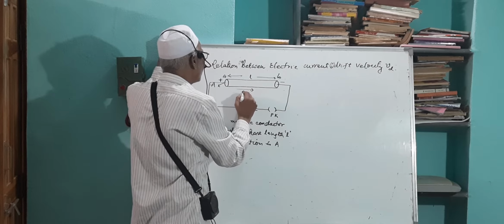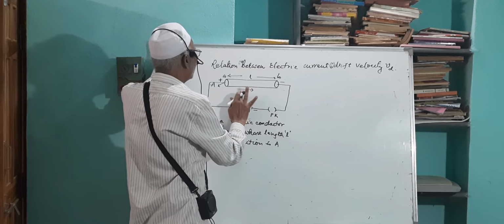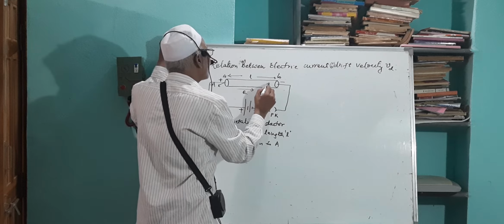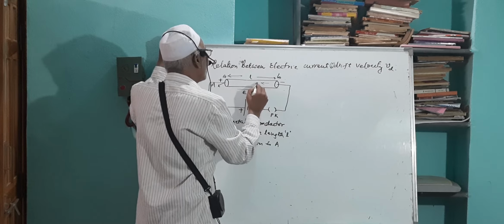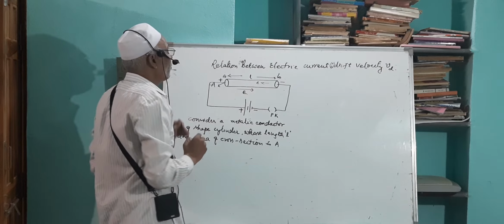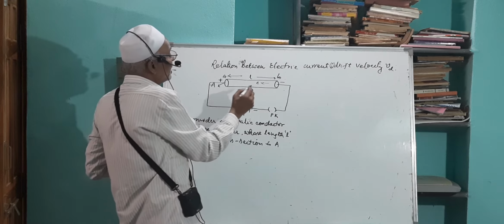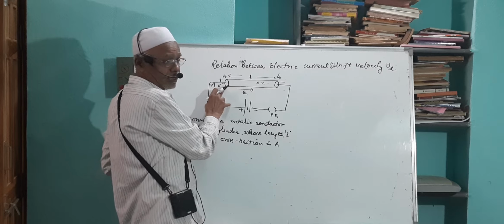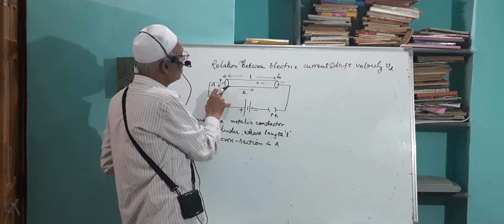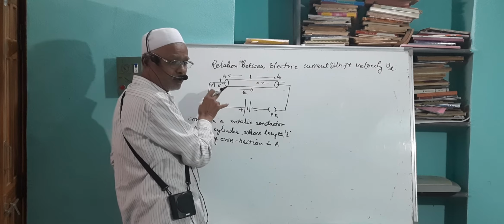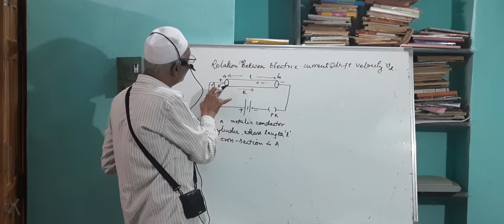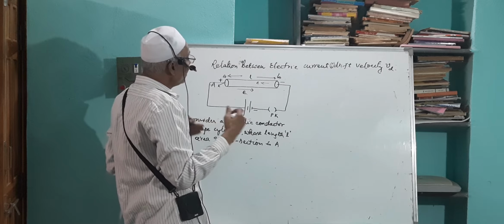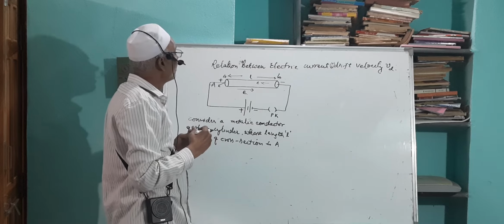E represents the direction of the electric field, whereas the flow of electrons is opposite to it. Electrons flow from the negative end towards the positive end of the conductor, but the electric field is directed from the positive end of the conductor towards the negative end. In this way, this is the direction of electric current.